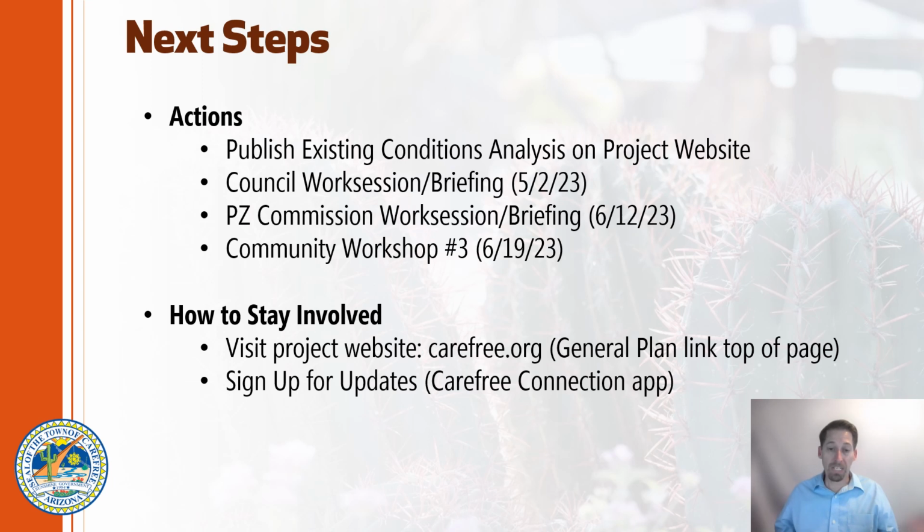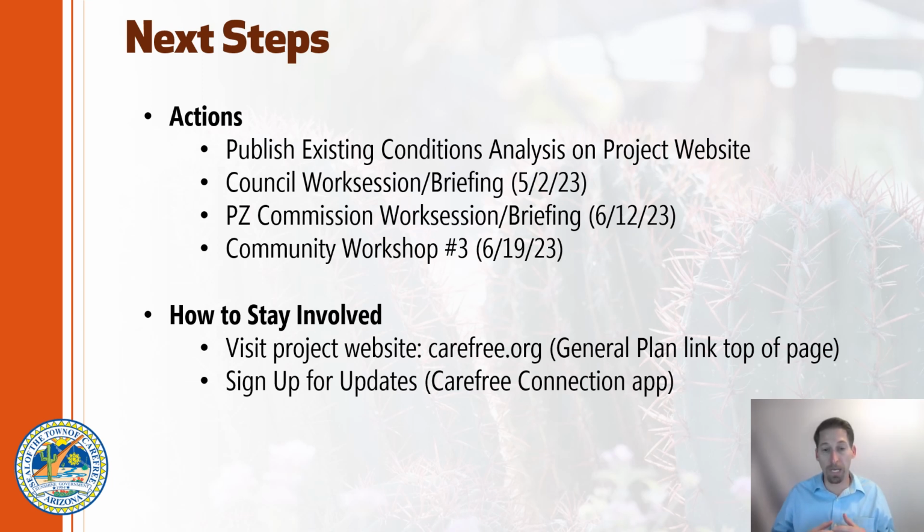Now, as part of next steps, action items, we're working towards publishing the existing conditions analysis to the project website. So you can, in addition to looking at the community survey, go through that document and see some of the background information that was prepared for the community. We're having a council work session briefing on May 2nd.